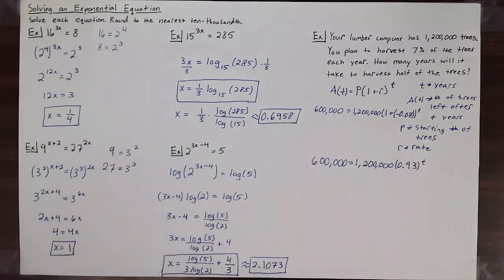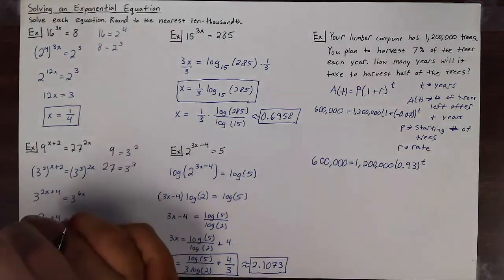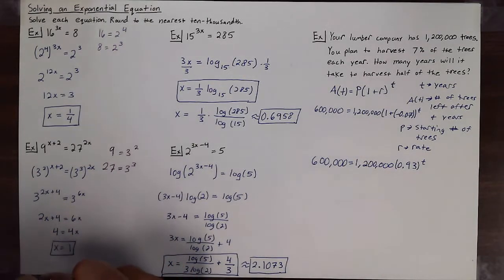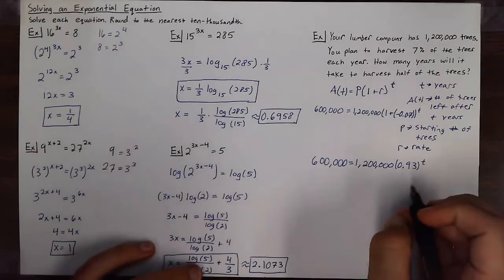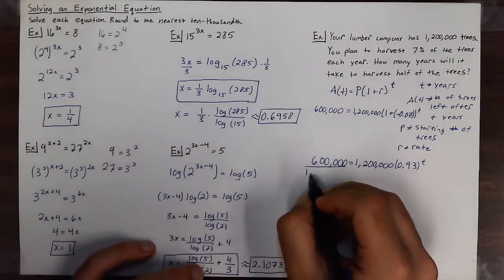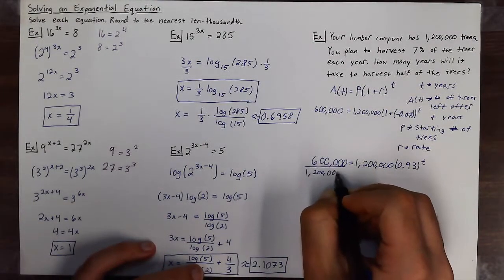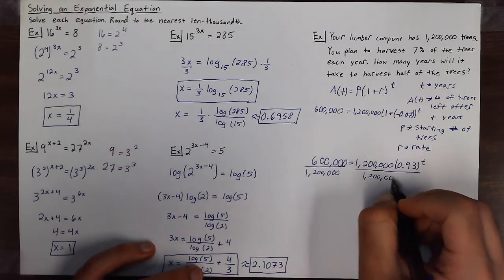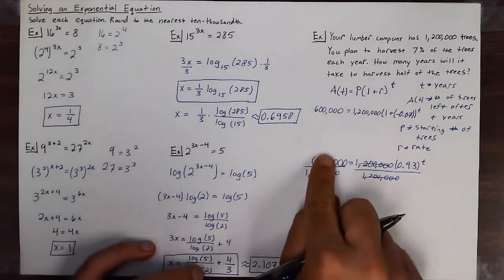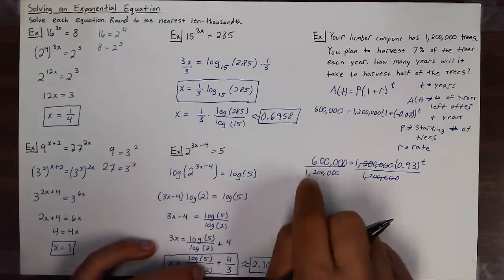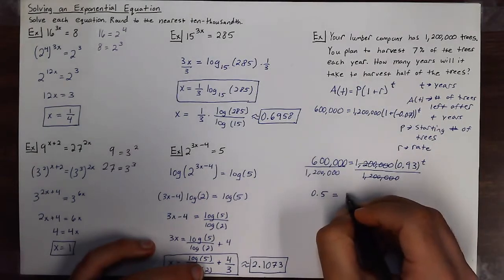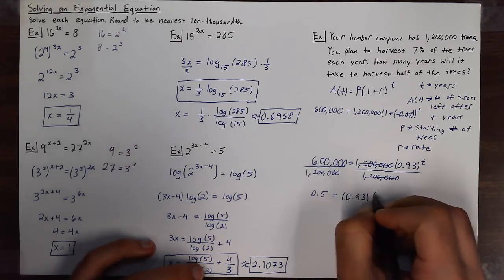And now I want to solve this equation to find how much time is going to pass for me to get rid of half the trees. So first I'll divide each side by 1,200,000. And 600,000 over that should be 1/2, so I'll put 0.5 equals 0.93 to the t.